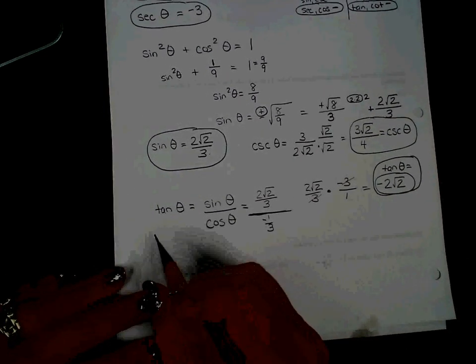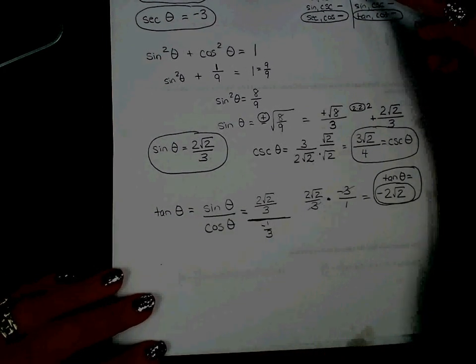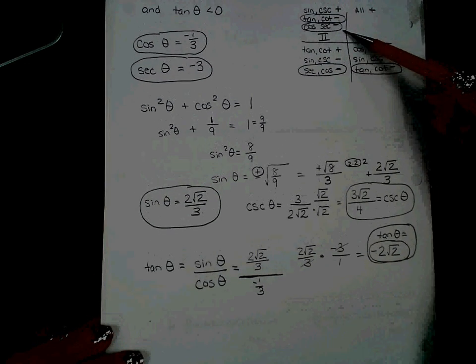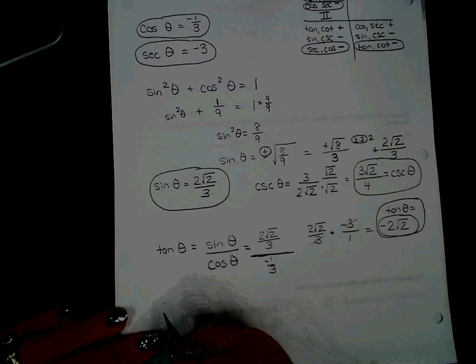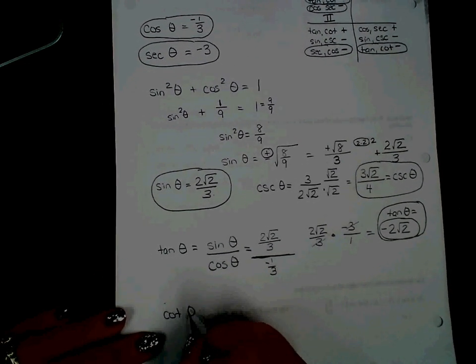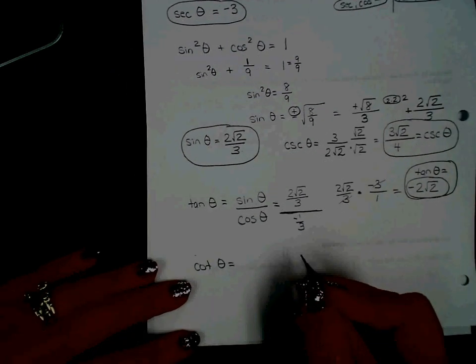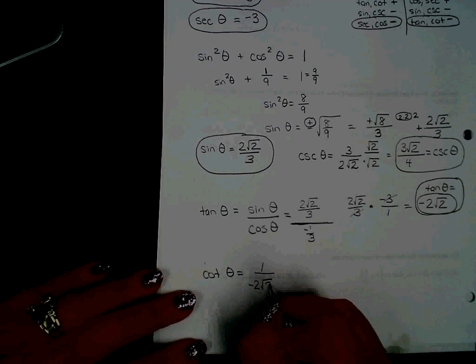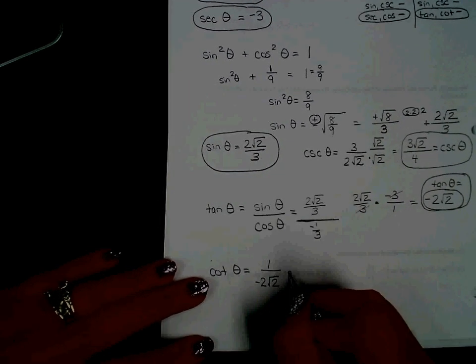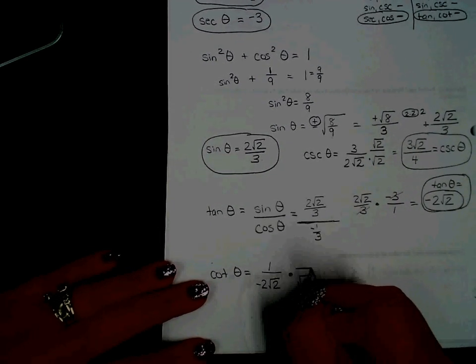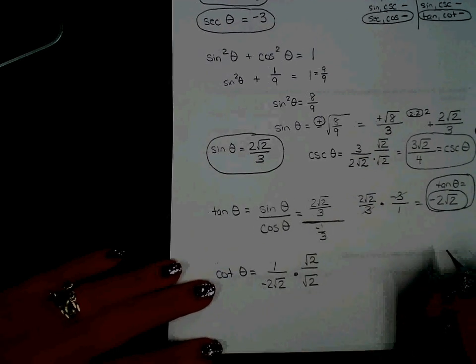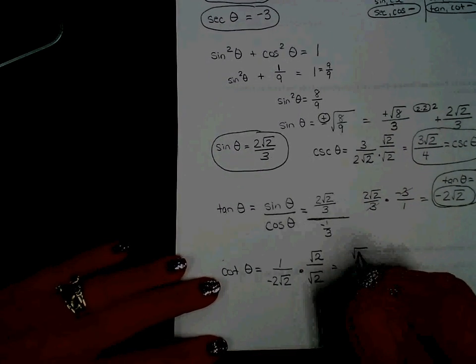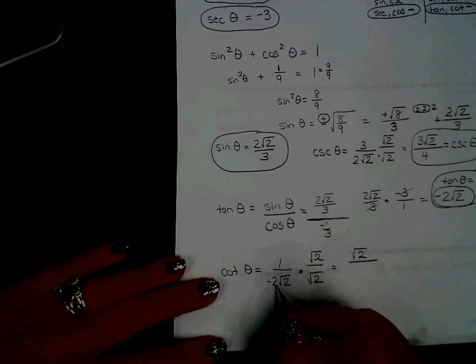Okay, now to get the last one. Oh, and let's check signs. In that quadrant, tangent is supposed to be negative, and tangent is negative. Okay, now to get cotangent, we flip the tangent. So to flip this, it's going to be 1 over negative 2 square root of 2. We multiply by the fancy 1. 1 times the square root of 2 is the square root of 2.